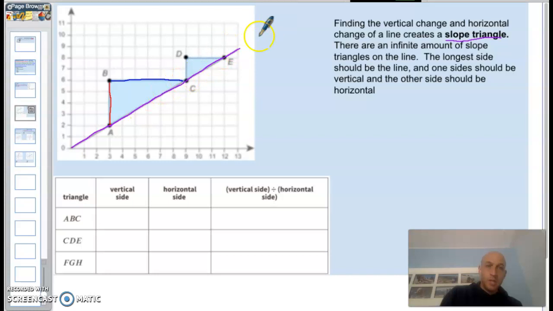The line should be the longest side. So the purple is longer than the blue or the red. And one of the sides should be vertical. That's the red line, the AB, the up and down. And the other side should be horizontal. That's the blue side, the side to side side of the triangle.